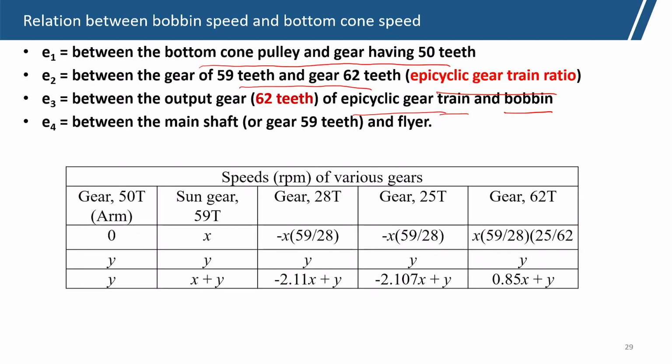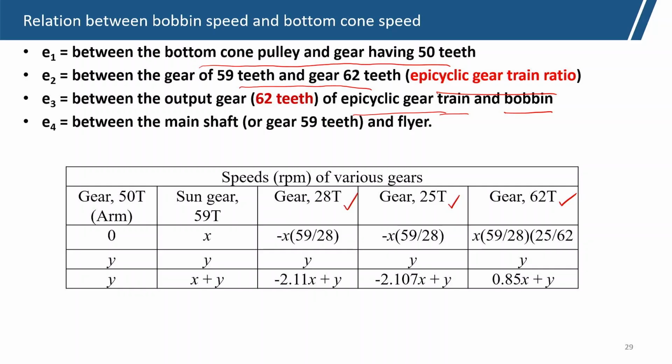Now, we have already discussed that gear 50 is the arm, 59 is the sun, gear 28 is the planet, and from gear 25 the output gear 62 gets motion.